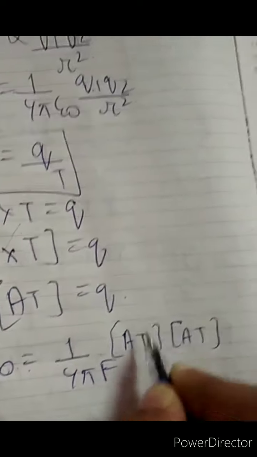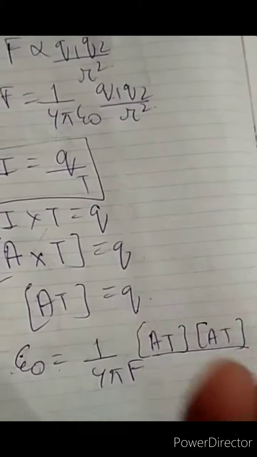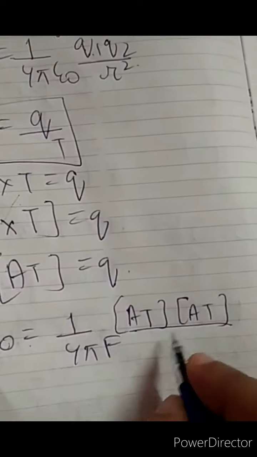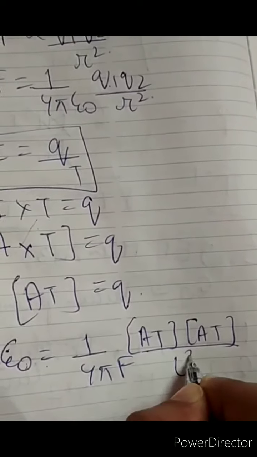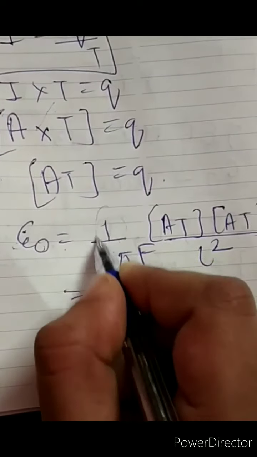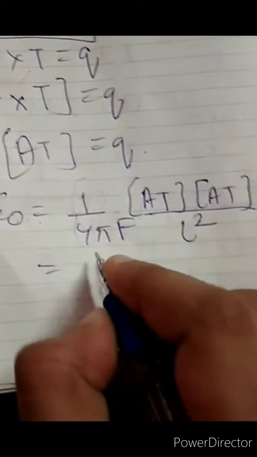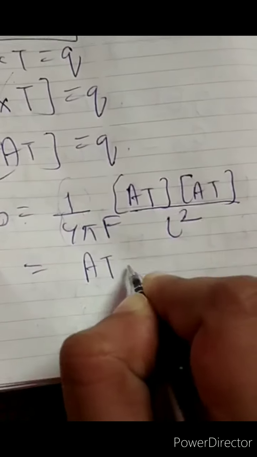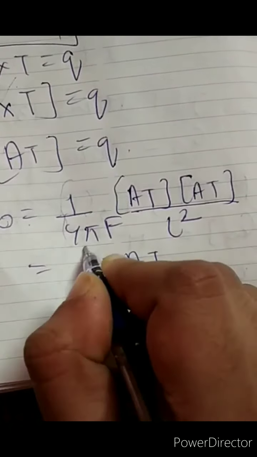It doesn't make a difference. R square will be in terms of length, which is L square. 4 pi is a dimensionless quantity, don't take tension of it.